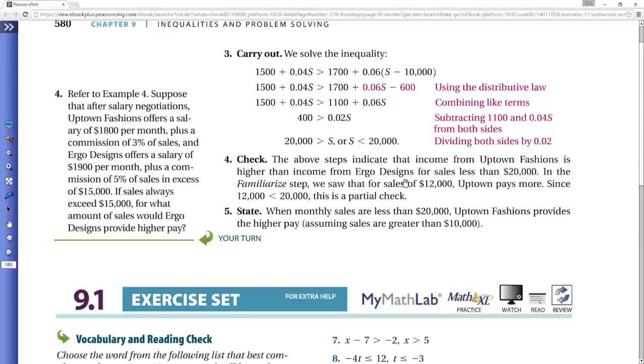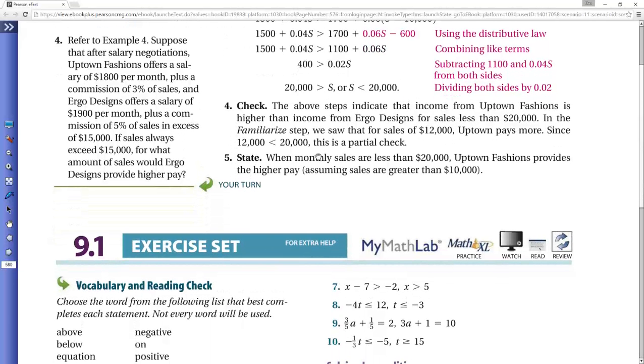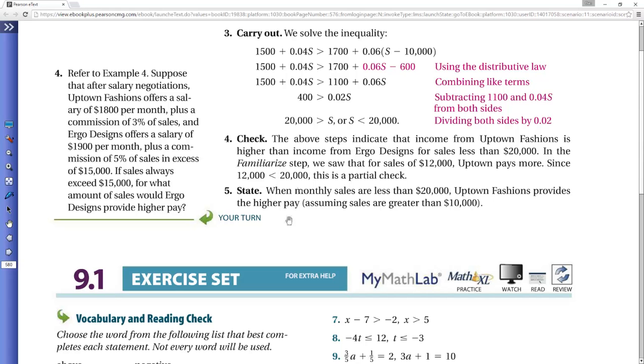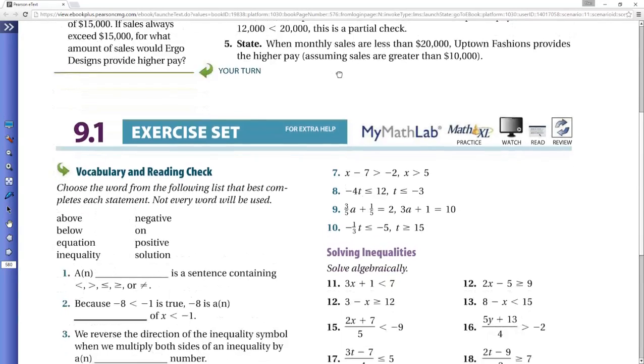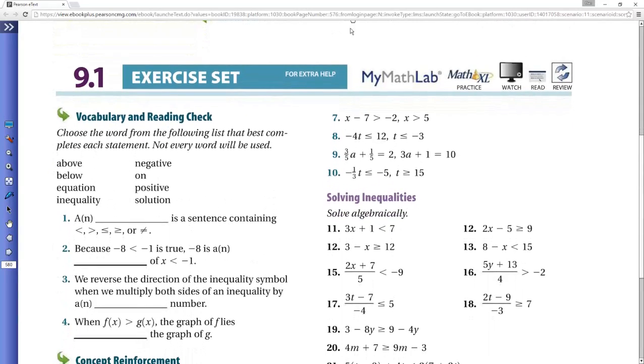So the question would be, if I was trying to figure out which of these jobs I wanted to take, I would say, I need to know if I can make more or less than $20,000 worth of sales in a month. Because if I hit that criteria, it's going to make a decision about where I should be working.